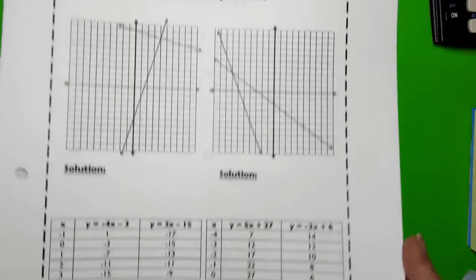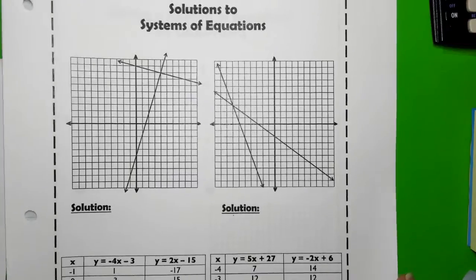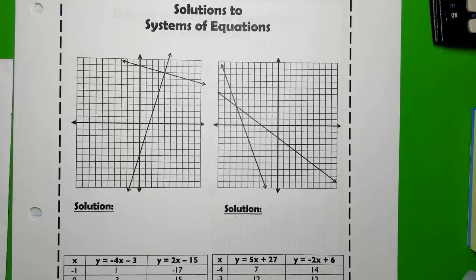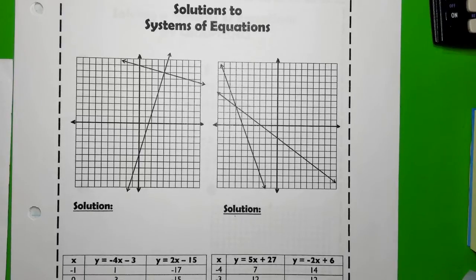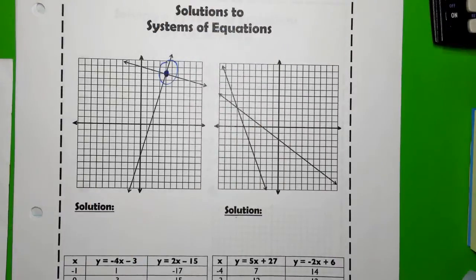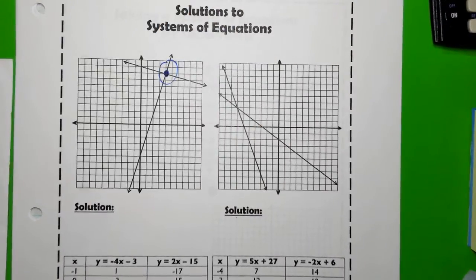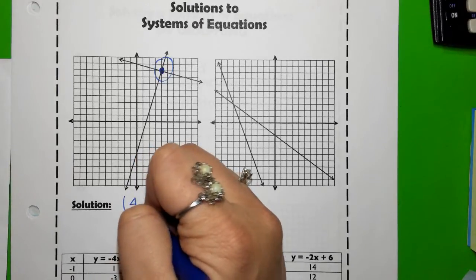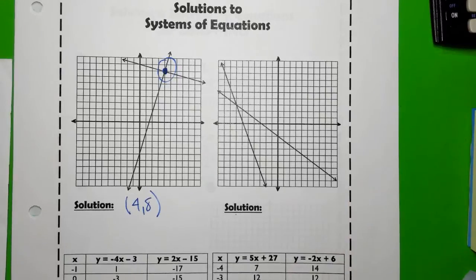Alright. So this is an easy peasy page. All we're doing is figuring out the solution to the system. So this one crosses right here. Can you tell me what that solution is? 4, 8. Do we agree or disagree? Agree. Give yourself a point.